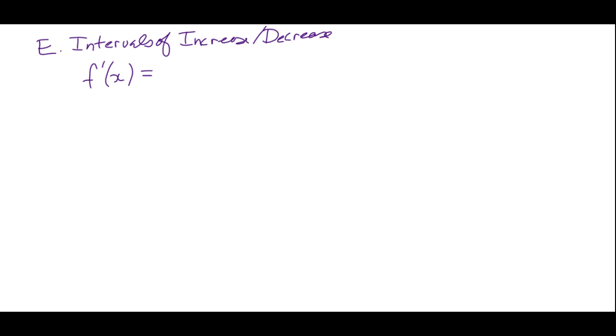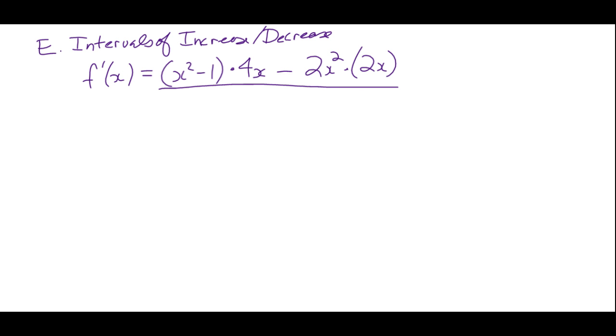Because it's a quotient. Well, the first one's not bad. So it's the denominator times the derivative of the numerator minus the numerator times the derivative of the denominator, over the denominator squared, right?